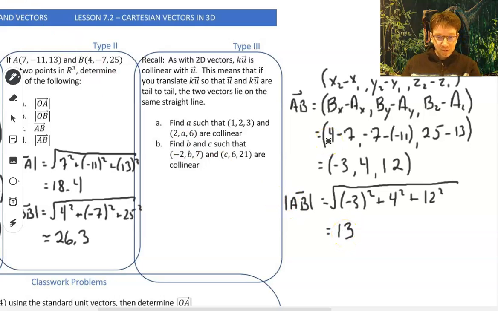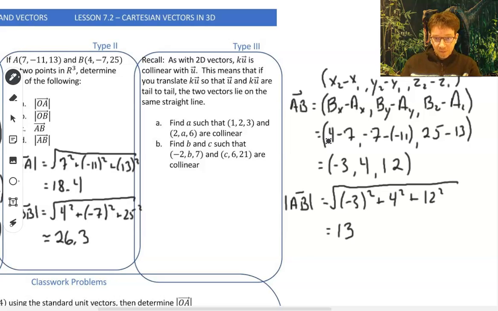Now for our last example, let's remember that when we did 2D vectors, we said that some vector which has a scalar multiple of it is collinear with u, meaning collinear means that one is right on top of the other one. Okay, they're not only parallel, but they're right on top of each other.